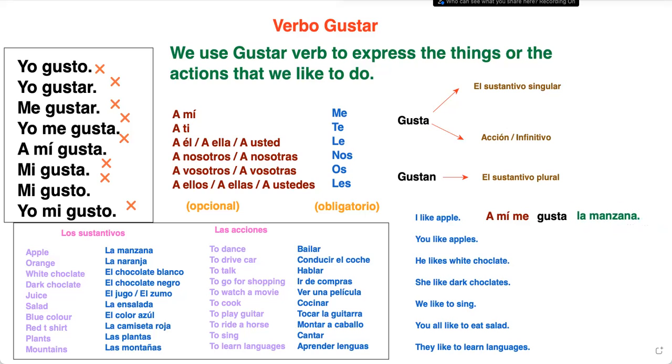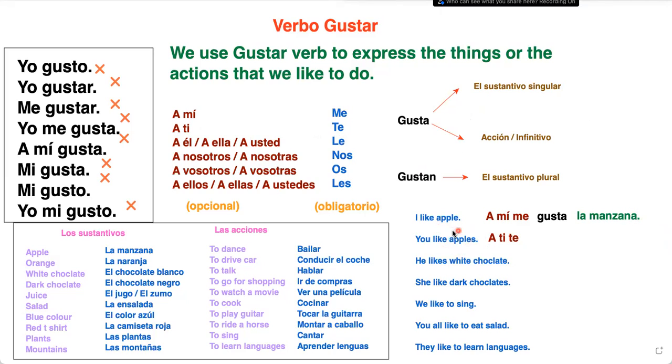Next one, you like. How would I say you like? A ti te. That would be a ti te. And now again two possibilities, gusta or gustan. So what do you think? What will you use? You can pause the video and have a look. Where will I look?